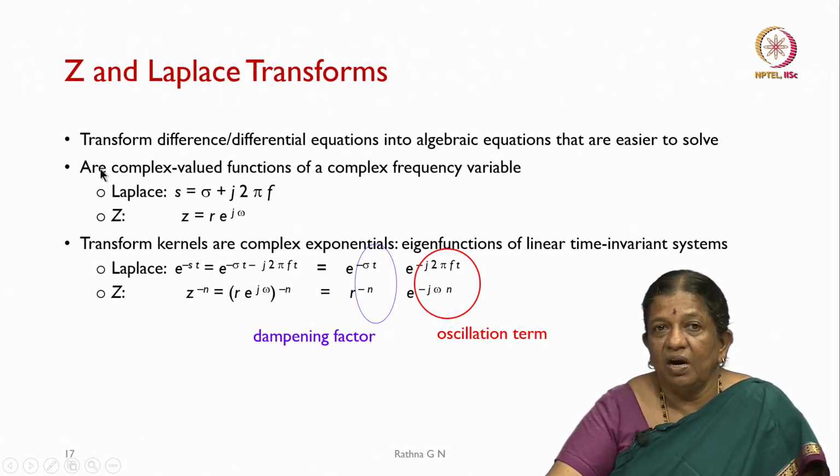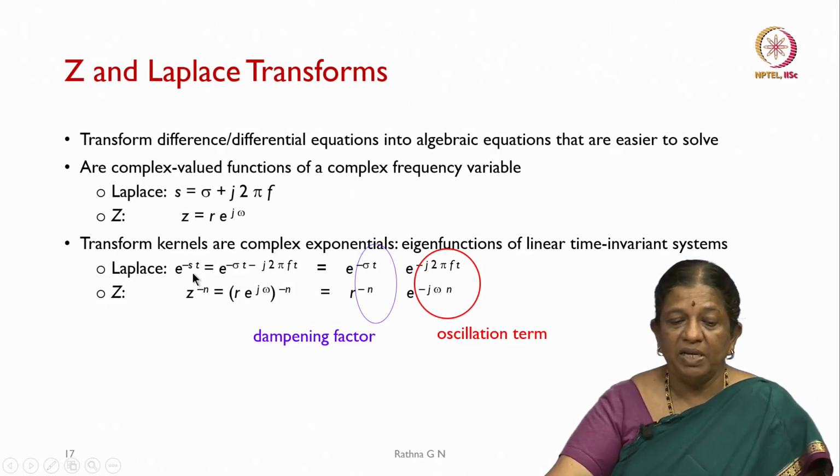So, our complex valued functions of a complex frequency variable, what we call the Laplace transform, we represent as s equal to sigma plus j 2 pi f, whereas in the Z transform we will have z equal to r times e to the power j omega. So, the transform kernels are complex exponentials, eigenfunctions of linear time invariant systems, what we call it.